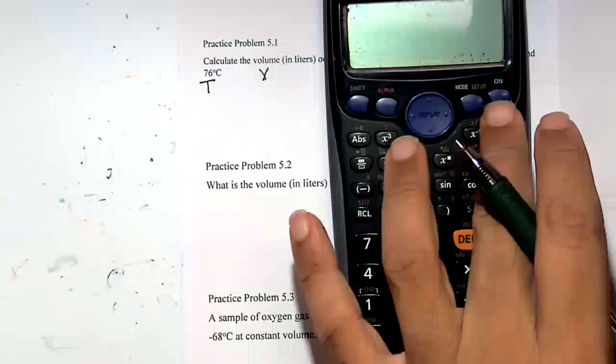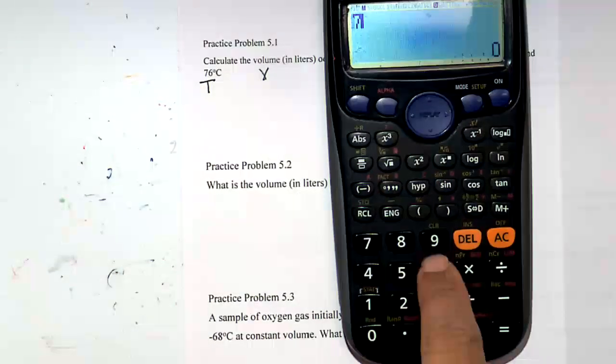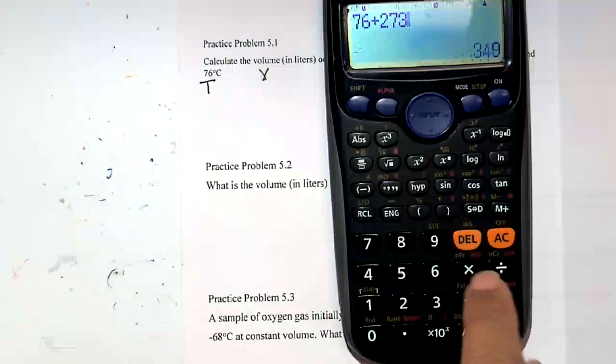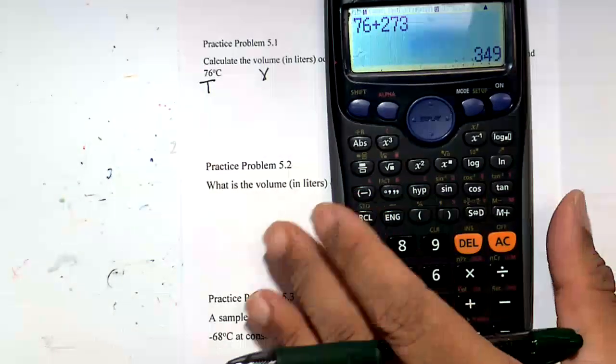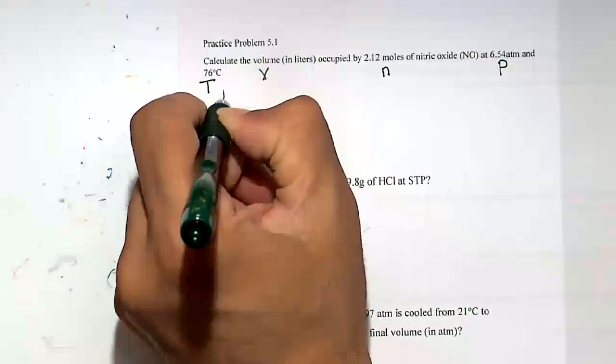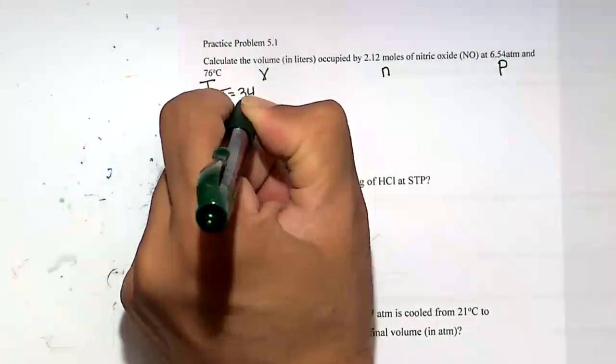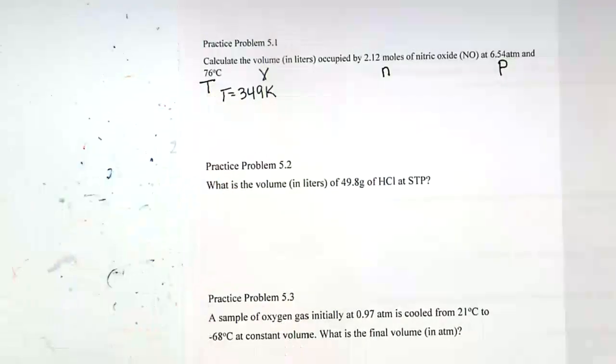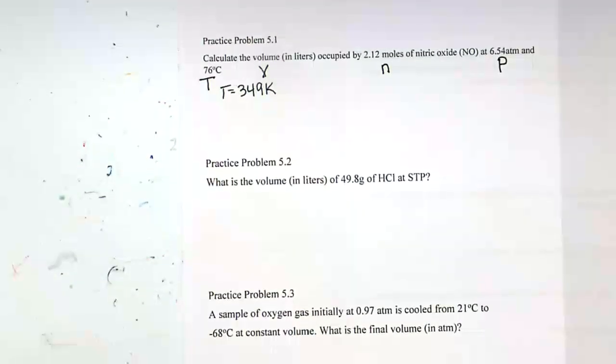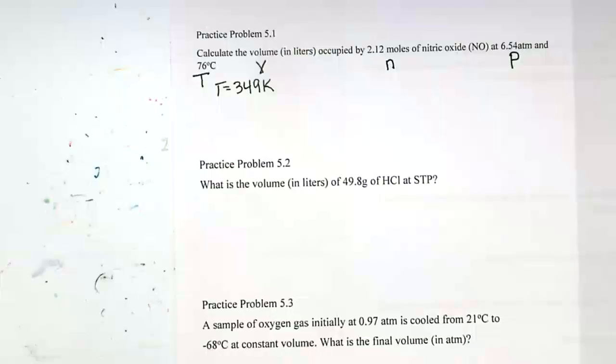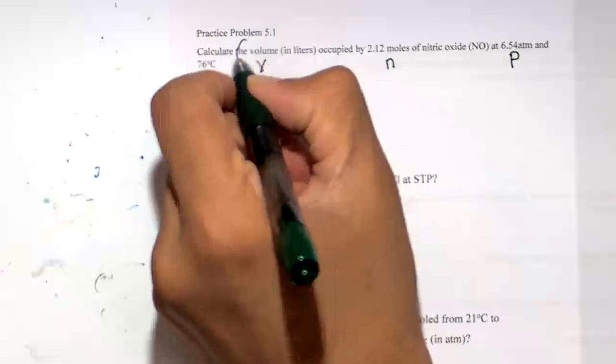And what is temperature? T, but what should we put it at? Kelvin. So I'm going to quickly add 273 here and get it to 349 Kelvin. And what do we want to find?